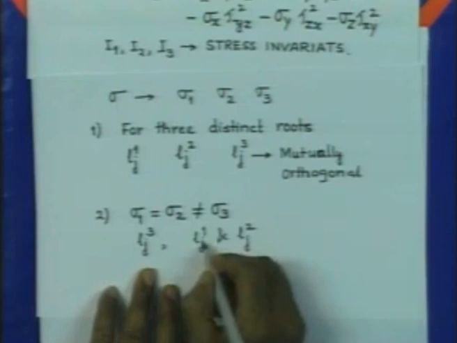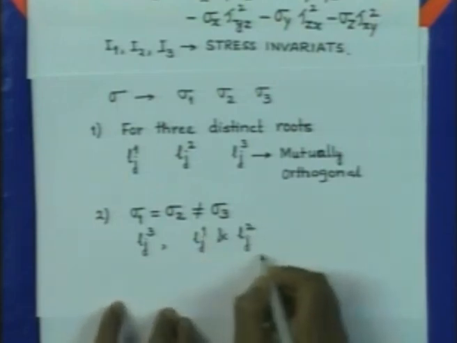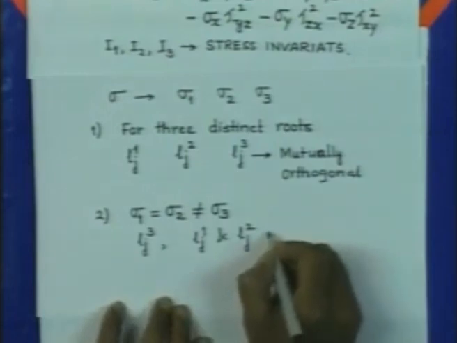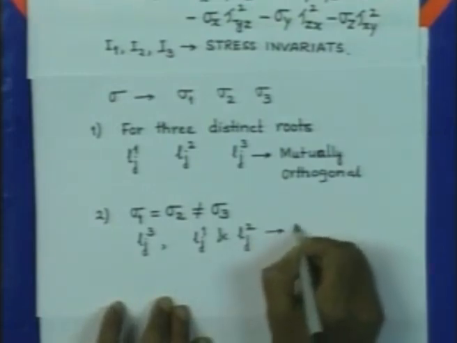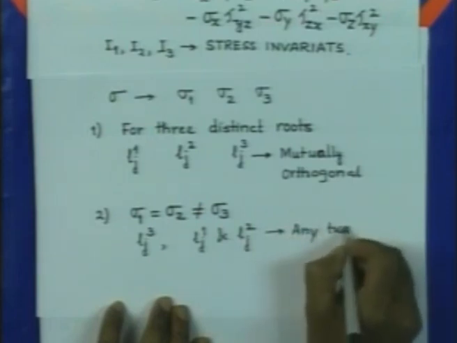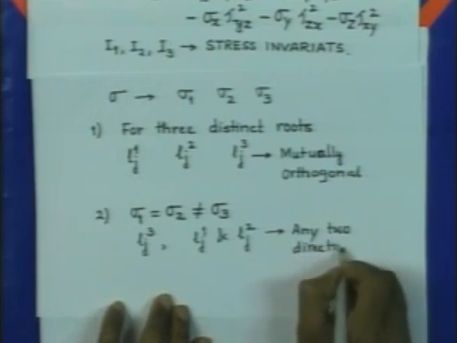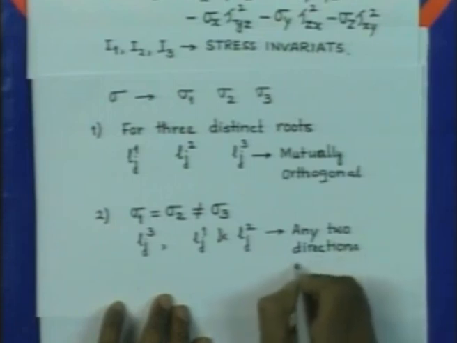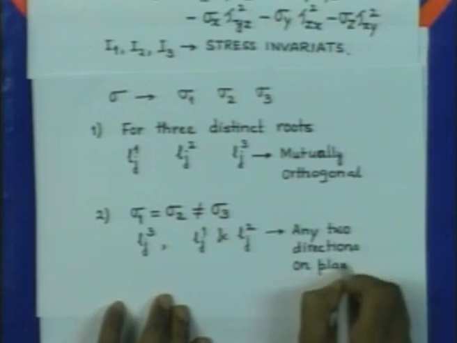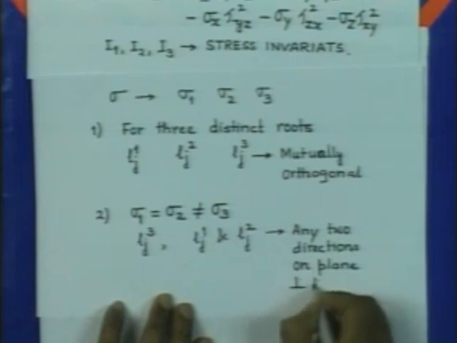So, Lj1, Lj2, which correspond to sigma 1 and sigma 2, will be any two directions on the plane perpendicular to Lj3.